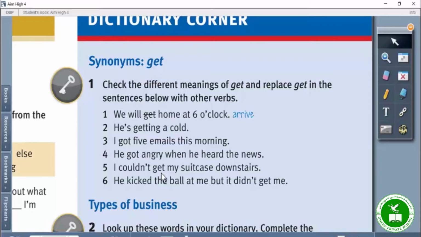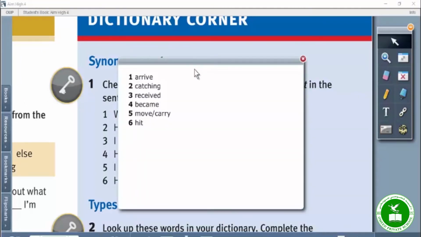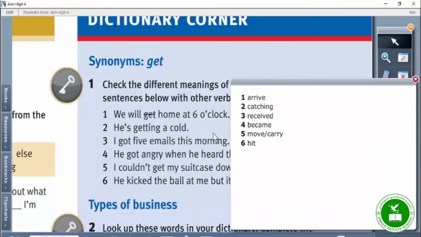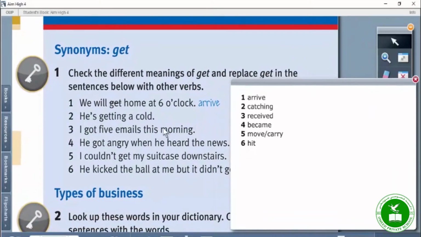When someone kicks the ball at you, maybe it will what? It will hit you, yeah? But it didn't hit me. Instead of get, we can use hit. Let's check our answers in here. Yeah, we are correct. Arrive, catching, received, became, move or carried, and number 6 is hit.